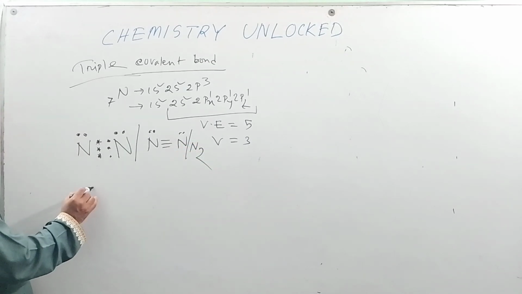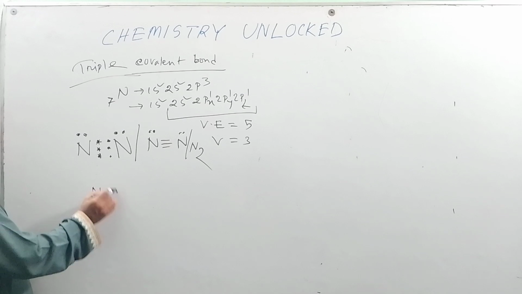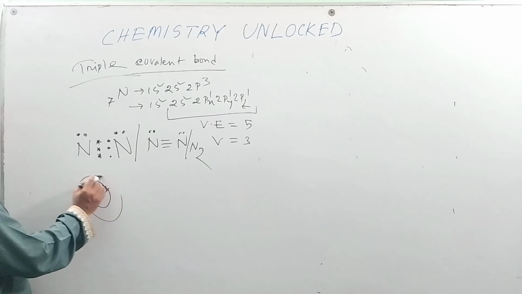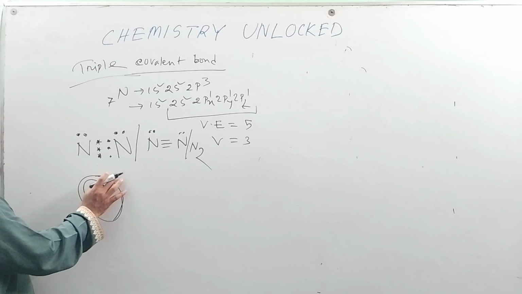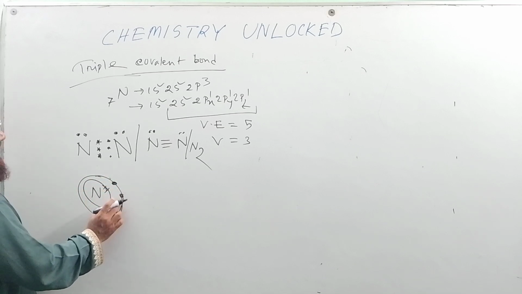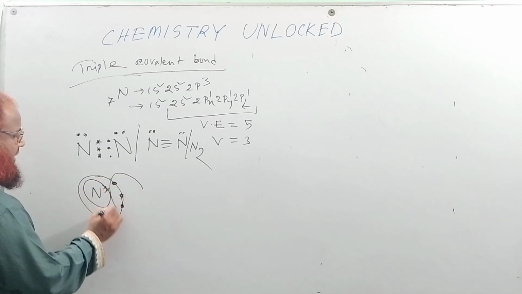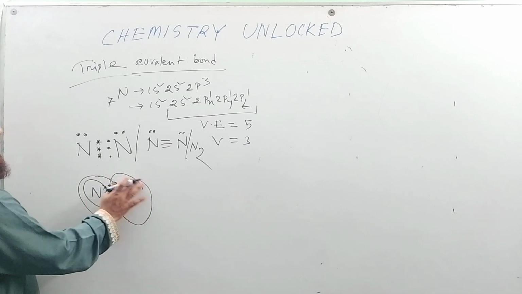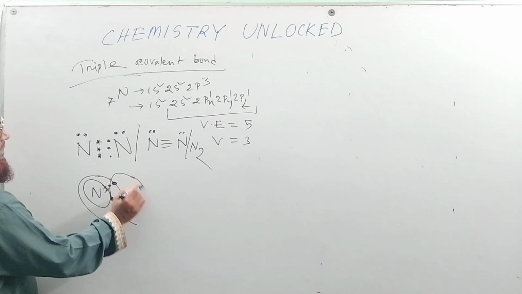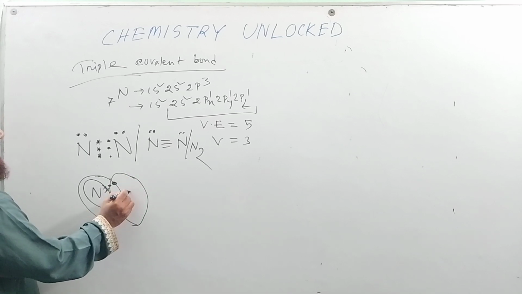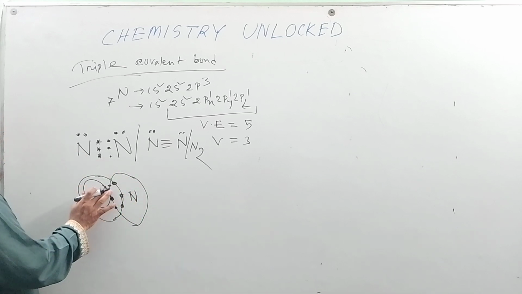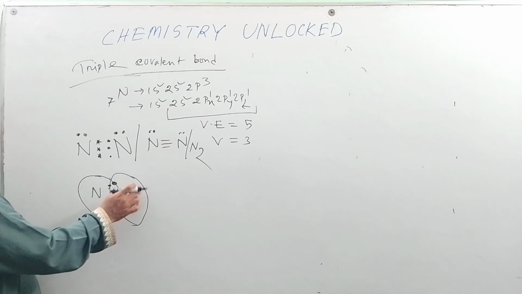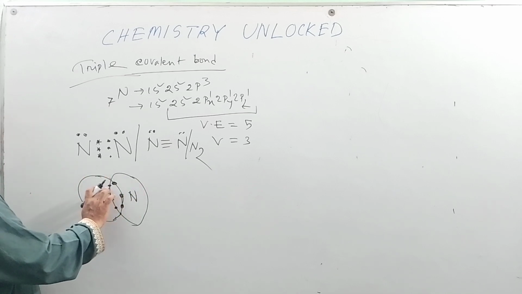Now the orbit diagram. First orbit, and then second orbit. 1, 2, 3. Another nitrogen atom has 1, 2, 3. Okay. So for nitrogen, only the valency shell is enough. So this is nitrogen. This is the single covalent.